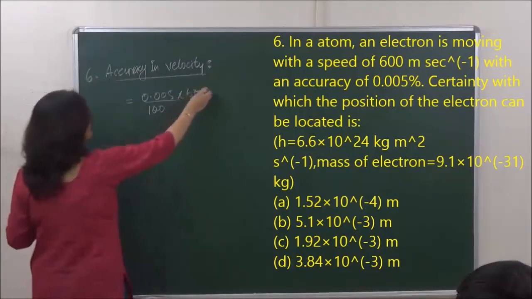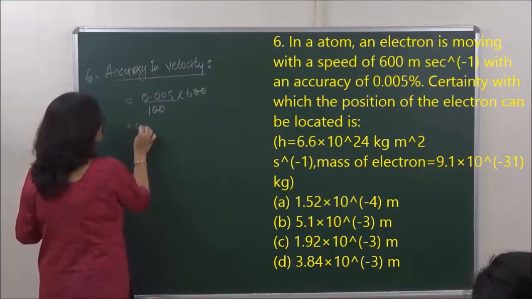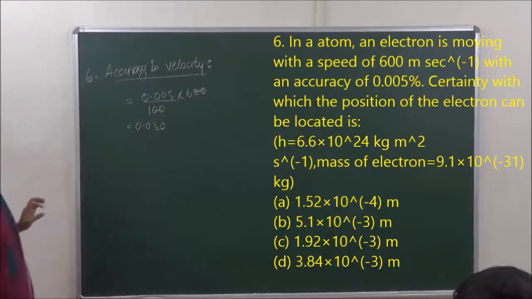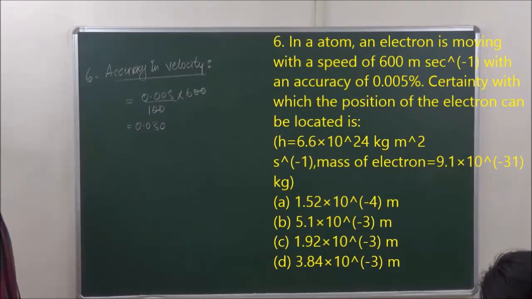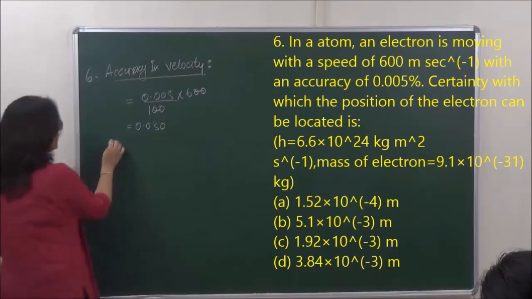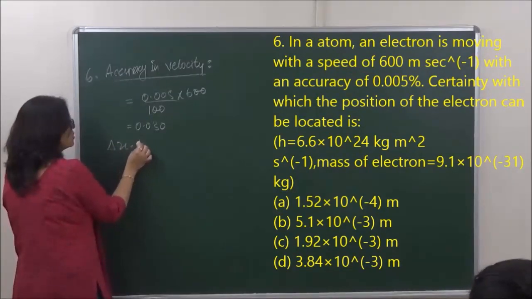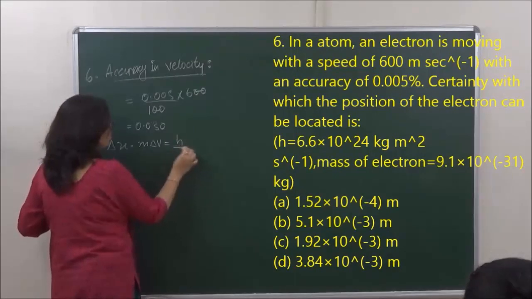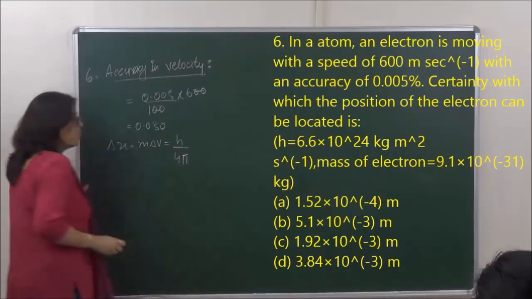This and this is cancelled. And this becomes equal to 0.030. So this is the accuracy in velocity, that is 0.03. Then you put the formula delta x into m delta v is equal to h upon 4 pi.